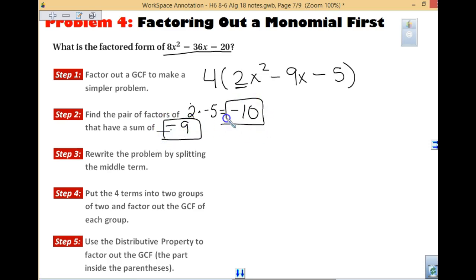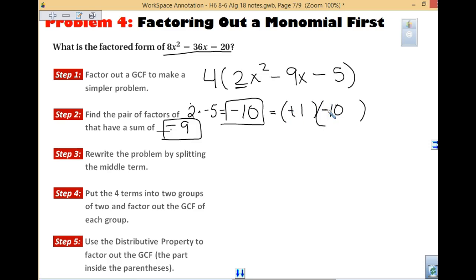Anybody thinking of other things besides 2 and 5 that will give us negative 10? Negative 1 and 10. Do we want negative 1 and positive 10, or positive 1 and negative 10? Yeah, positive 1, negative 10. Is that making sense to everyone? Good.